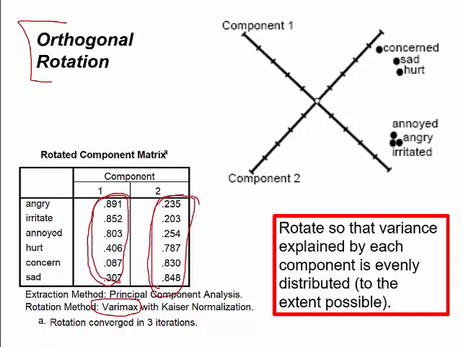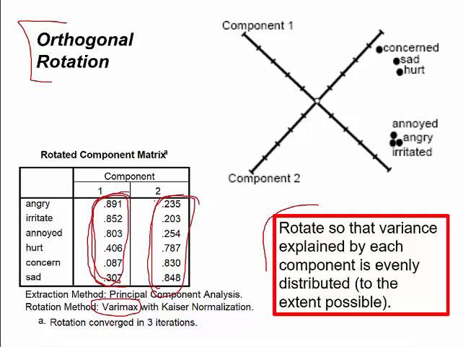And if we had more, then each successive component would explain less and less variance. What we want to do is rotate so that the variance explained by each component, or by each factor if we're doing factor analysis, is as evenly distributed as it possibly can be. So I want to try to get to a situation where the percent of variance explained by component 1 is about the same.